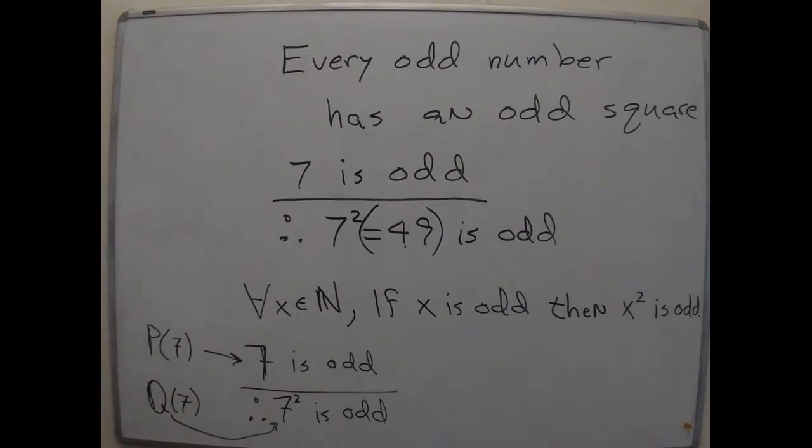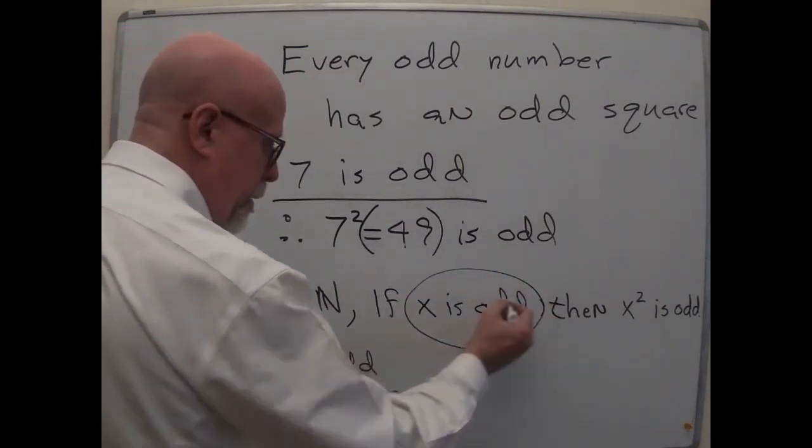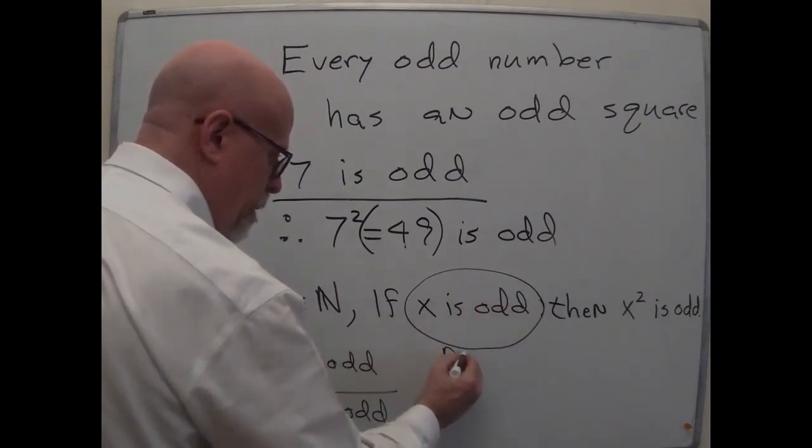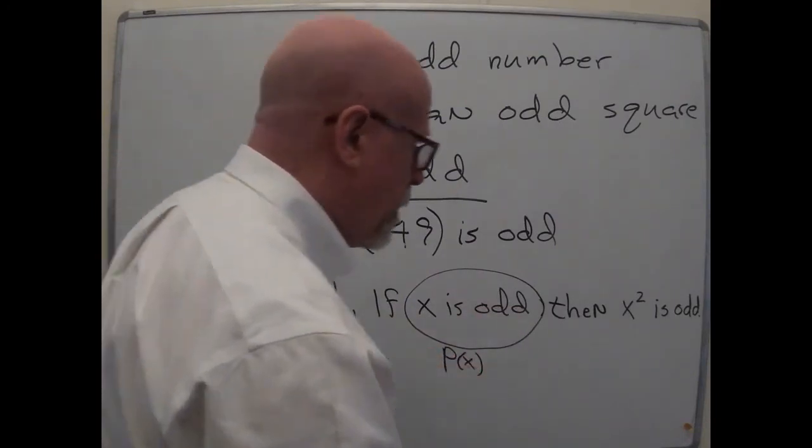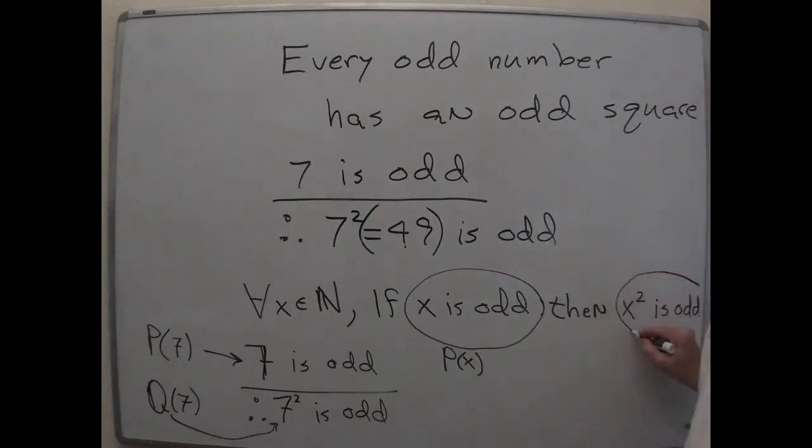So what are P and Q in particular, or P of x? P of x is about oddness for x. And Q of x is about oddness for x squared. You see how we're able to identify the predicates? So yeah, it fits the form, right? We've got an if-then involving P of x and Q of x.